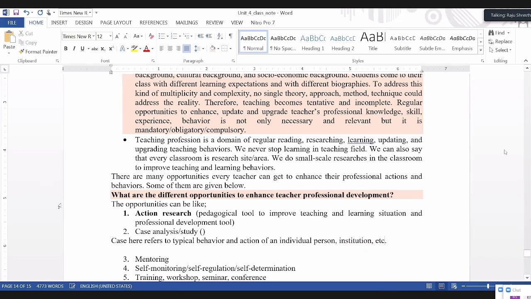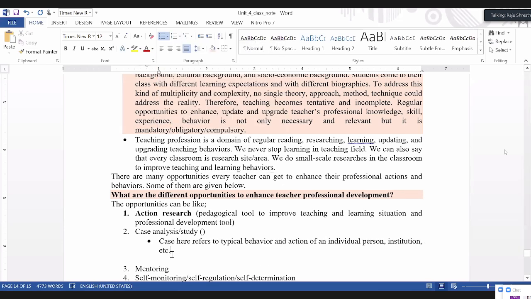Like one school is performing exceptionally, that will be the case. Why that school has performed in such an excellent way, why other schools are not performing. That excellent performance of a particular school will be the case for the study. And a particular student shows particular typical or unique behavior.